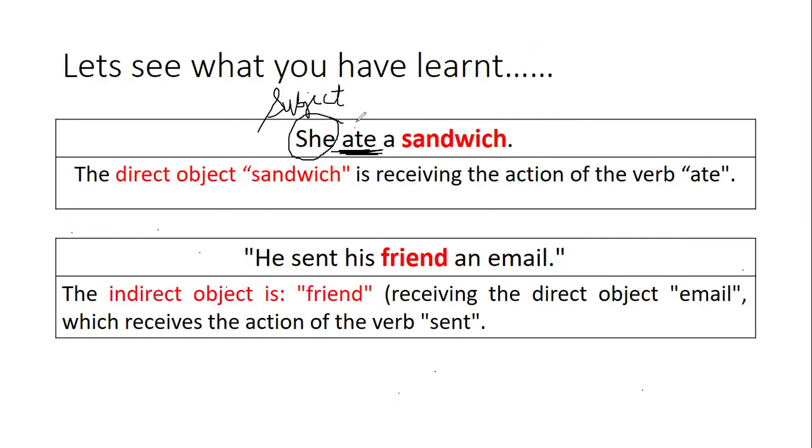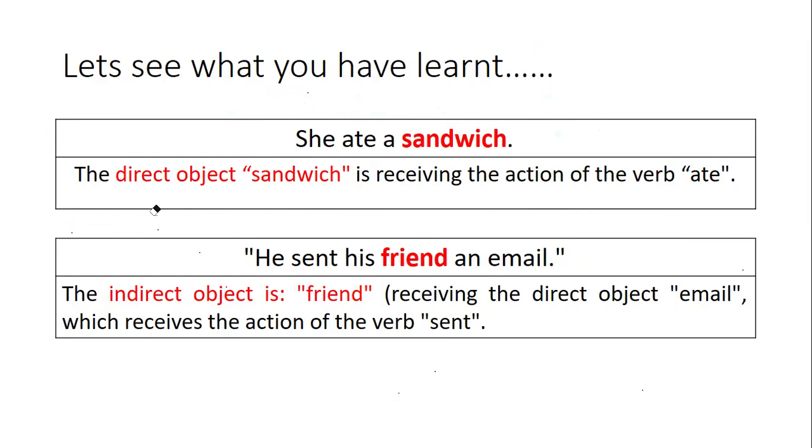So this is our verb. She's eating a sandwich. What is she eating? Sandwich. Simple. Sandwich is our noun. That is something that she's eating, and that's why it is our direct object. So the direct object sandwich is of the verb ate. Let's proceed to the next statement.